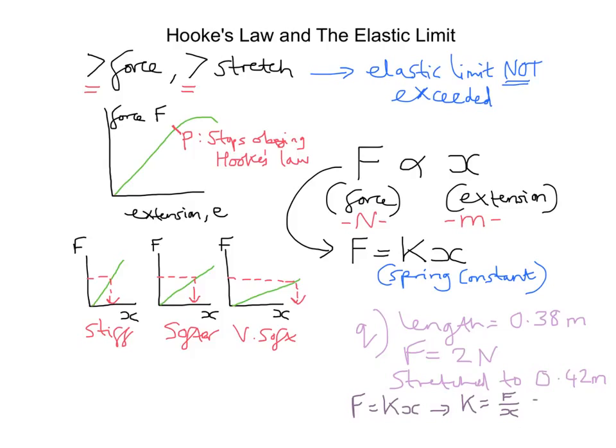So if we finish this equation, 2 divided by 0.04, and if we work that out on a calculator, what you'd end up with is a value for the spring constant K. So 2 divided by 0.04 is equal to 50.